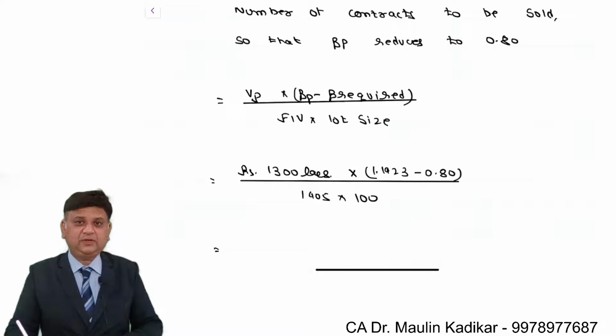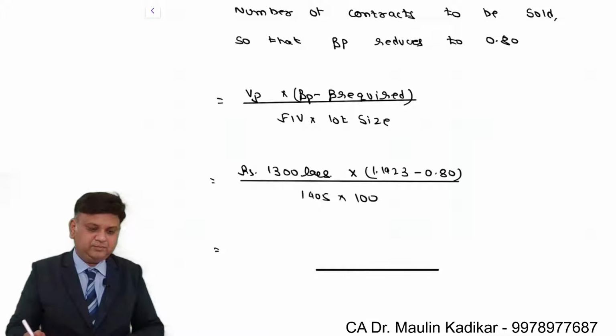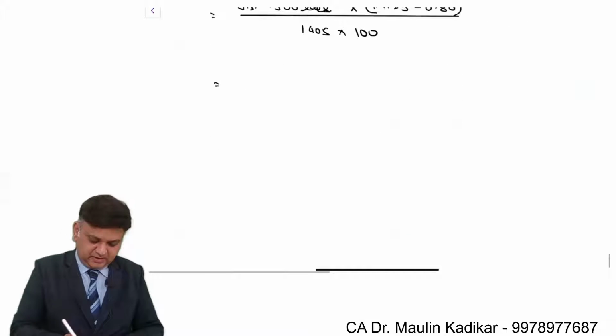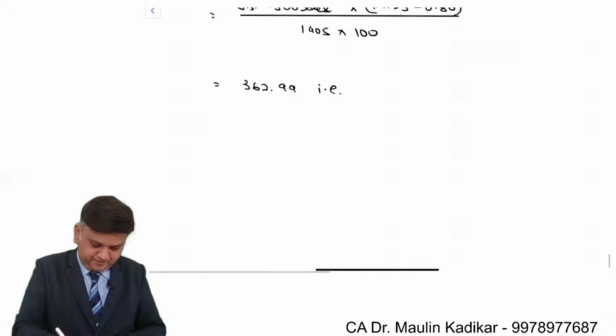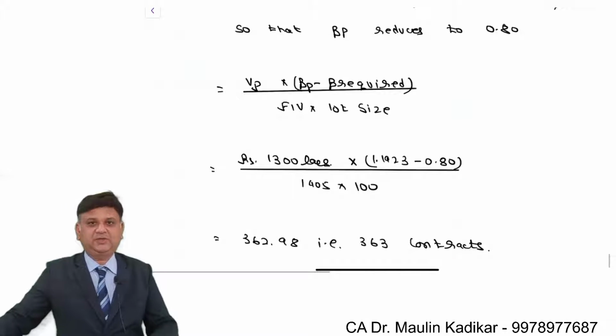This is the way we are required to make calculation. That is 362.98. That is 363 contracts.